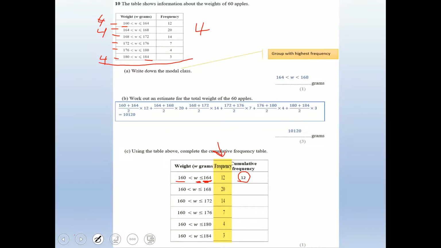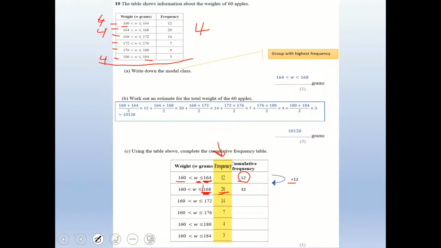So we just put 12 here. Now, how many apples have a weight less than or equal to this upper bound, 168 grams? Well, it's the cumulative total of the 12 and 20. In other words, 32 apples have a weight of less than or equal to 168 grams.